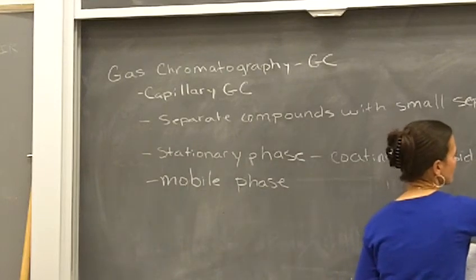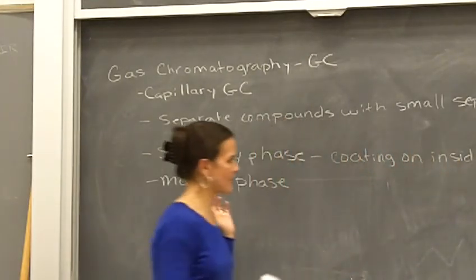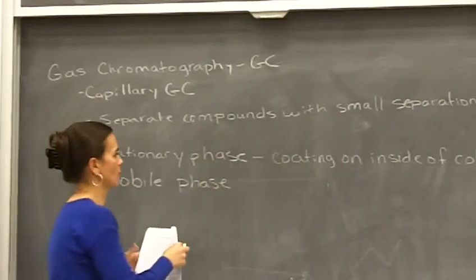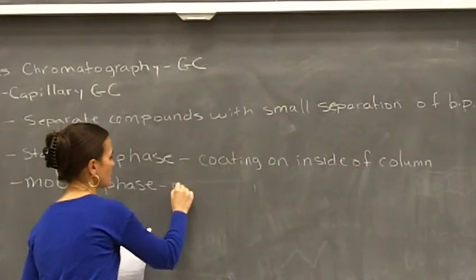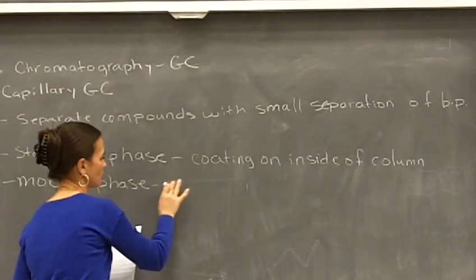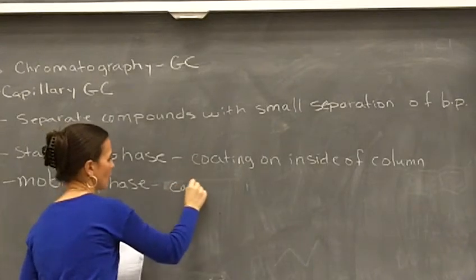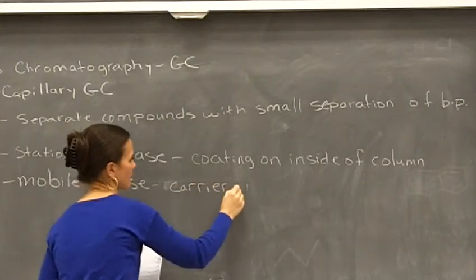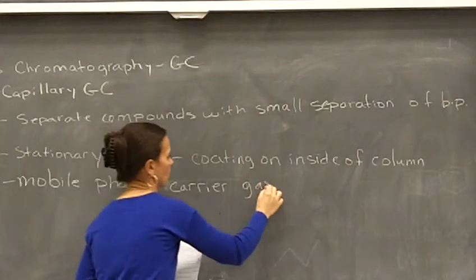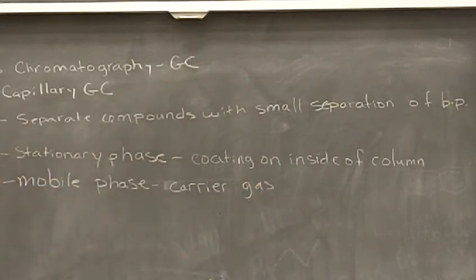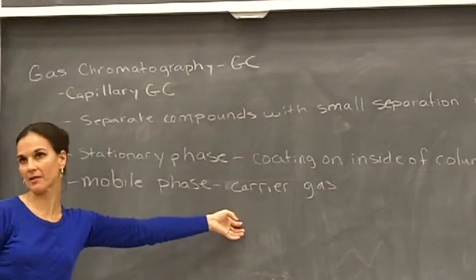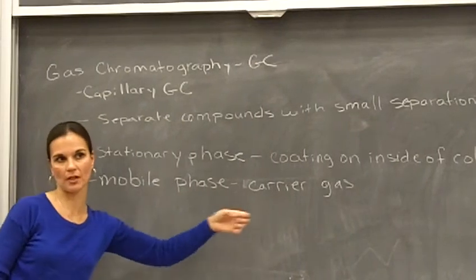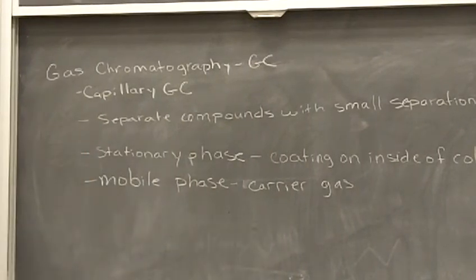What carries the sample through the GC is the carrier gas, or carrier gas mixture, okay? And so our mobile phase is that carrier gas or gases that pushes the sample through the GC, all right?